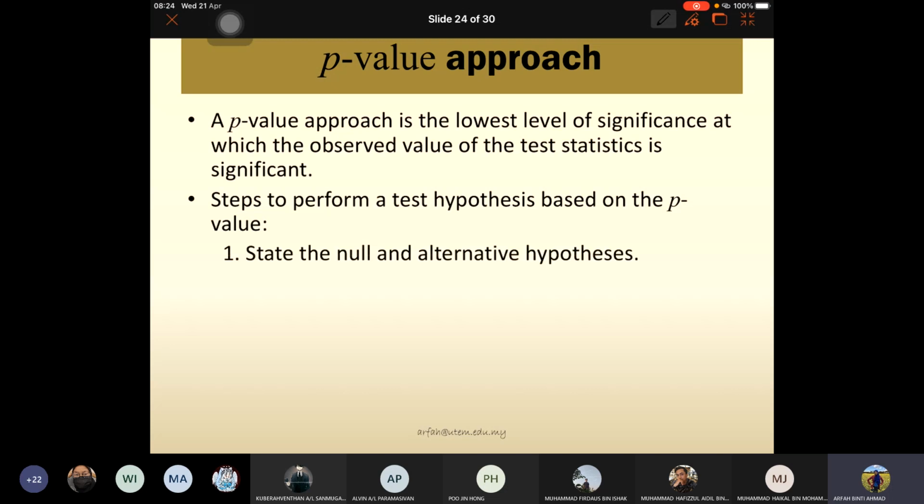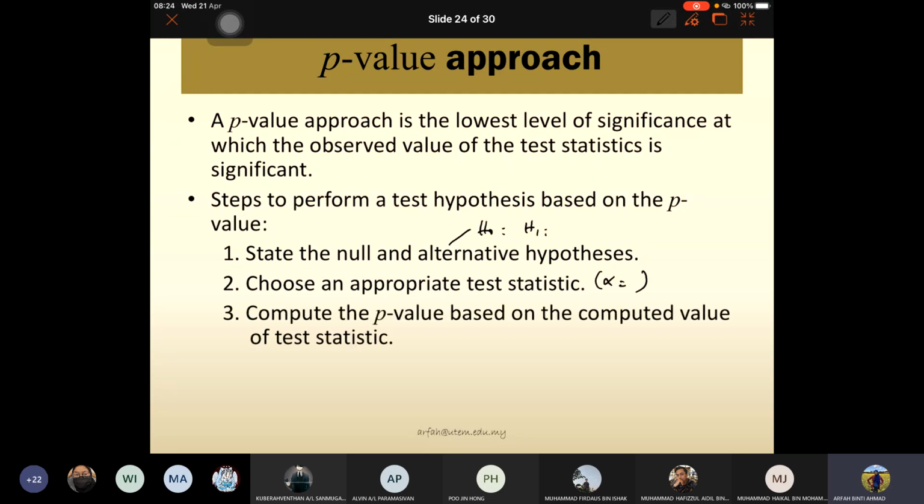Okay. So the steps to involve the hypothesis testing based on the P-value. First step is still the same. You state what is your H null and what is your H1. Choose an appropriate test statistic, that is what is your alpha. Okay, sama je. Either you get 5%, 10% atau 1%. Okay. So compute the P-value based on the computed value of test statistic.